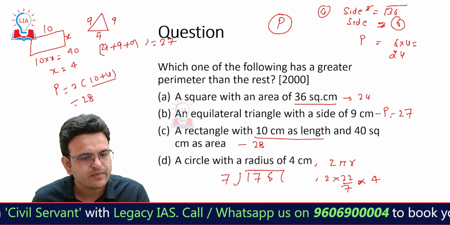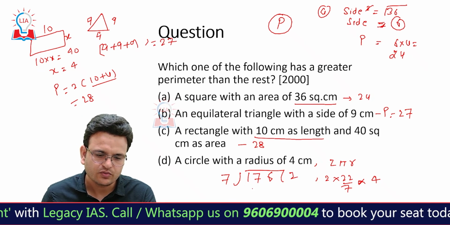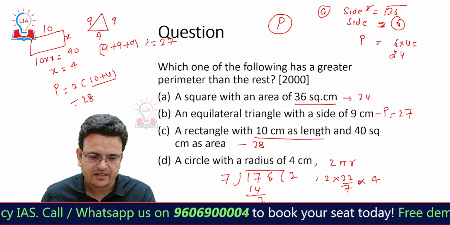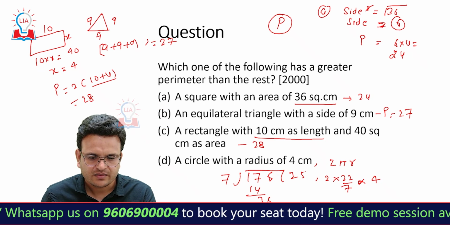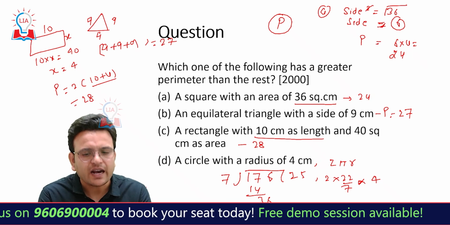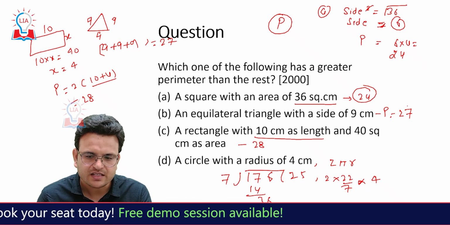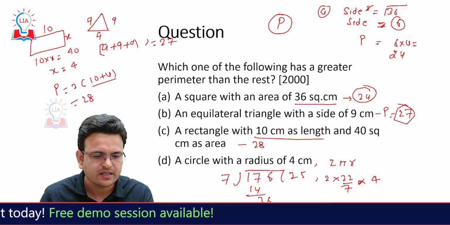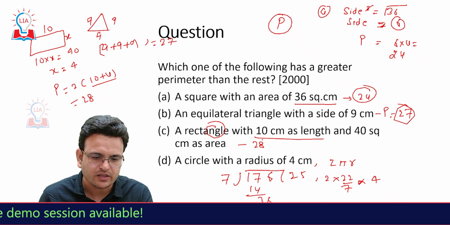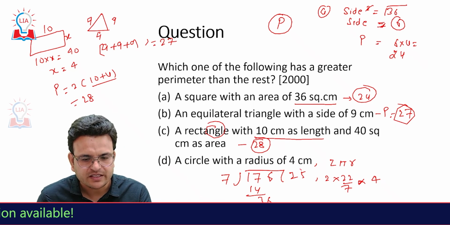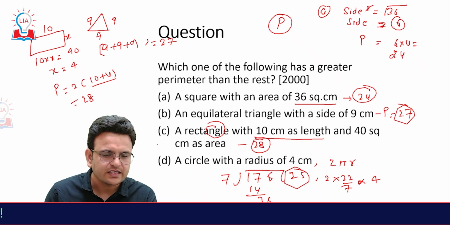So what is the value? Just calculate it. It is about 25. So what is the highest value? In our options, option A has 24, option B has perimeter 27, option C has perimeter 28, and option D has perimeter 25 point something. So the highest will be C.